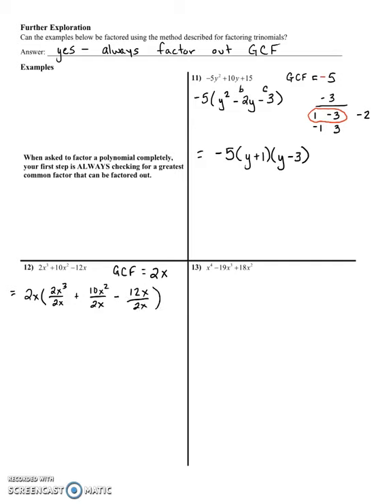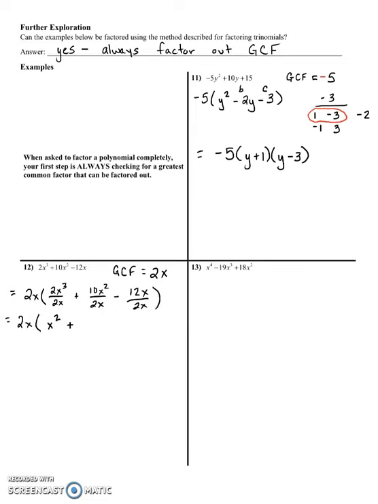Okay, so that gives us a 2x times, in parentheses, we have 2x cubed divided by 2x leaves us an x squared because the 2's cancel. And remember the division rule for exponents, we subtract the exponents. So 3 minus 1 is 2.